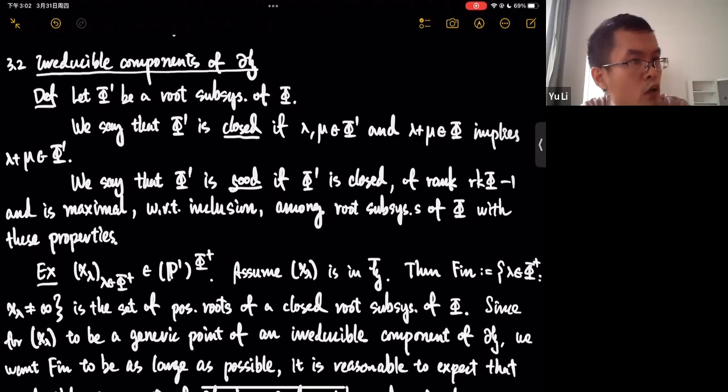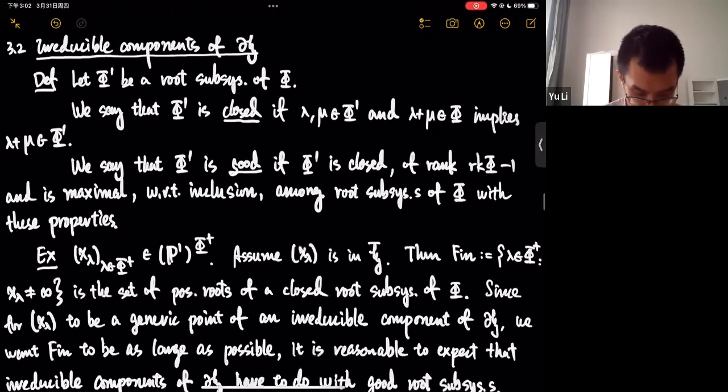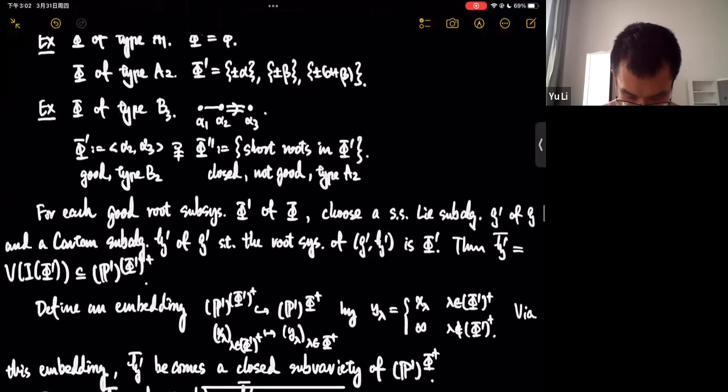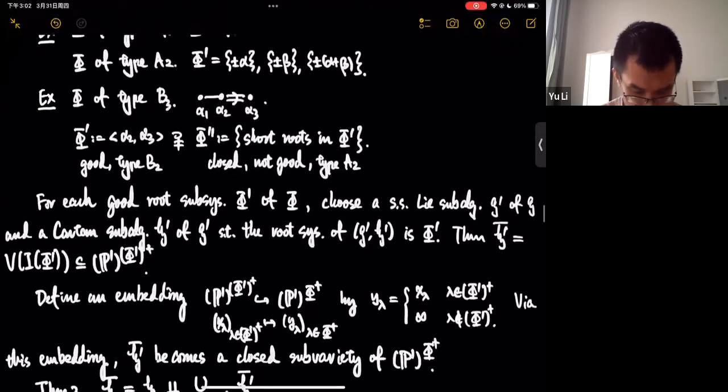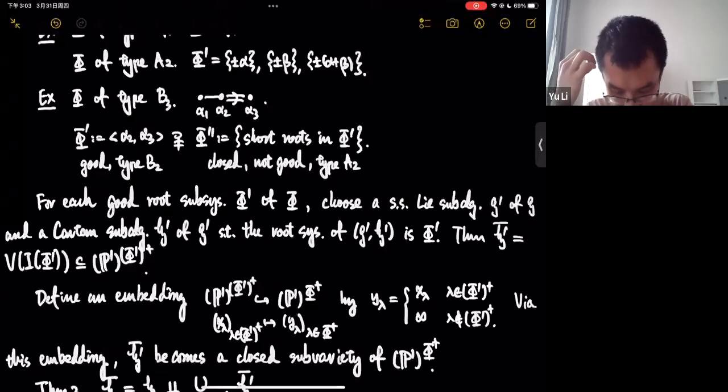I'm not sure. I have one example of a non-closed root system here. In type B3, this phi double prime, consisting of all short roots inside phi prime, where phi prime is generated by alpha 2 and alpha 3, is not closed.